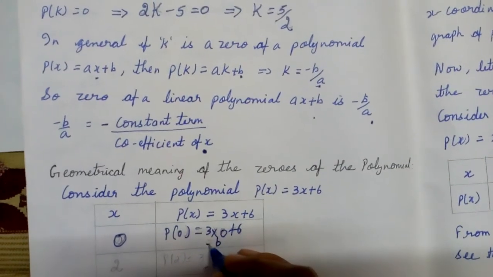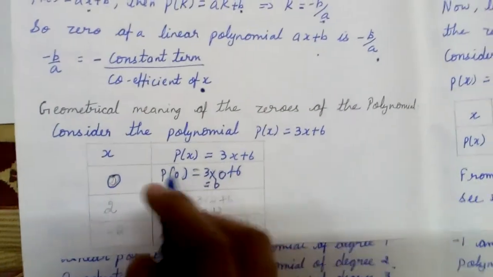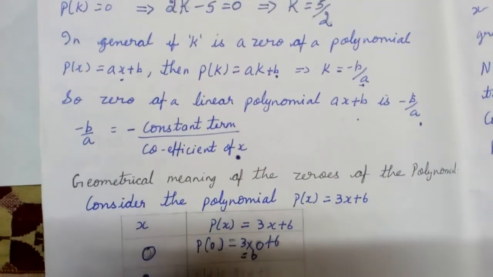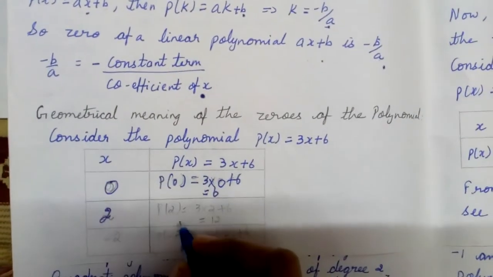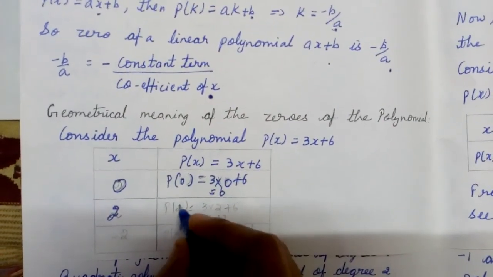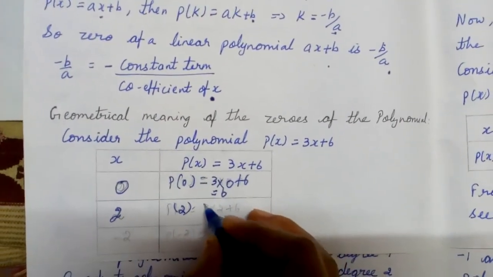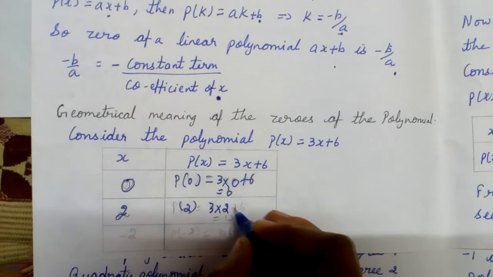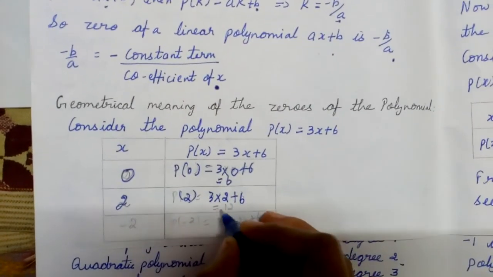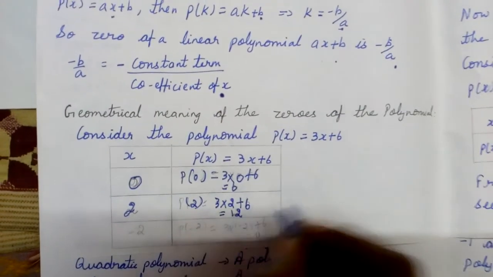So the answer is 6. Now you replace x by 2. When you replace x by 2, you get p of 2 is equal to 3 into 2 plus 6, which is equal to 12.